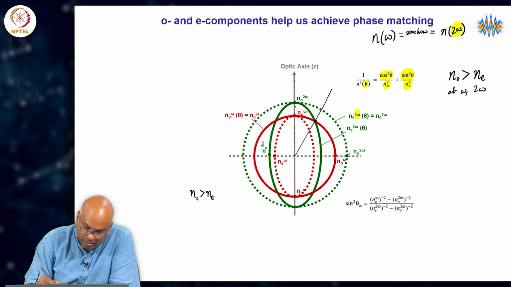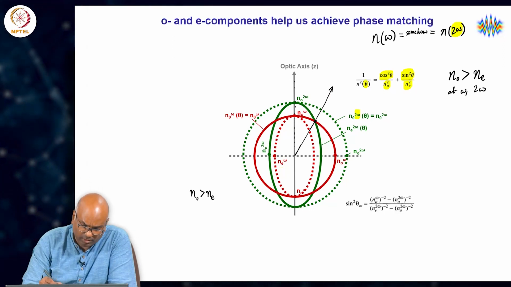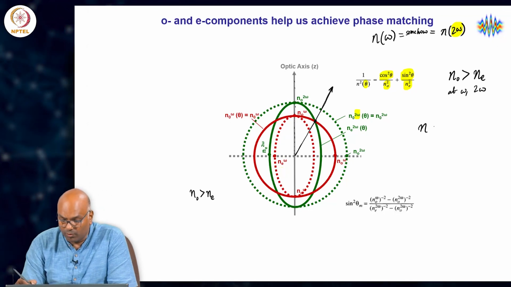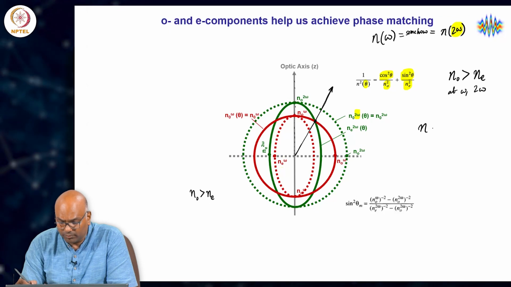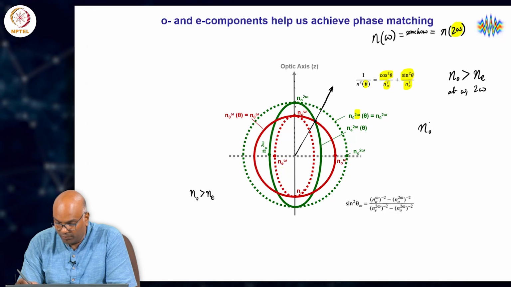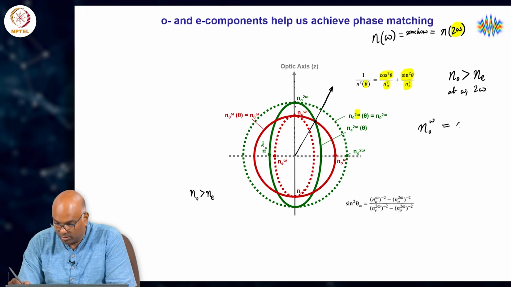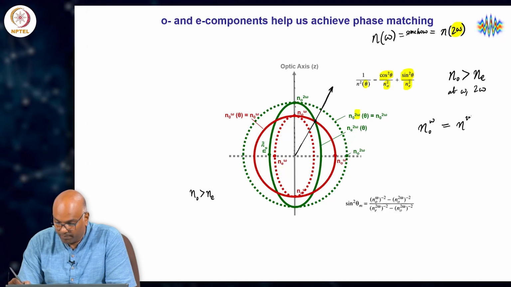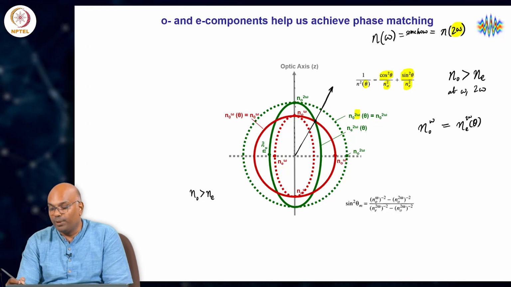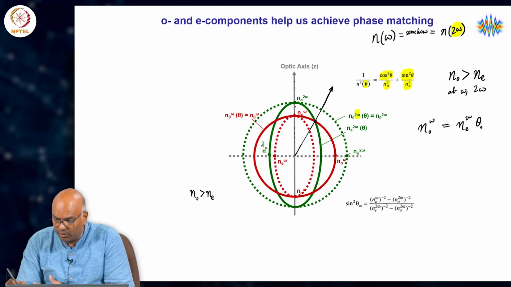So, along this particular direction, these two quantities match. This is what we were seeking. So, we have n ordinary of omega being equal to Ne of 2 omega of a particular theta, at a special theta we call theta m.